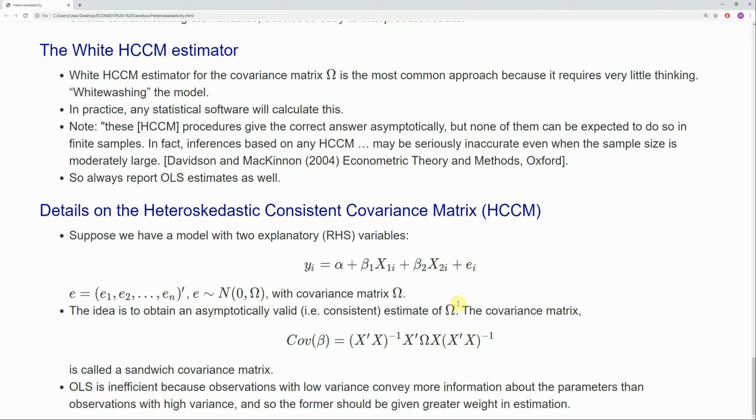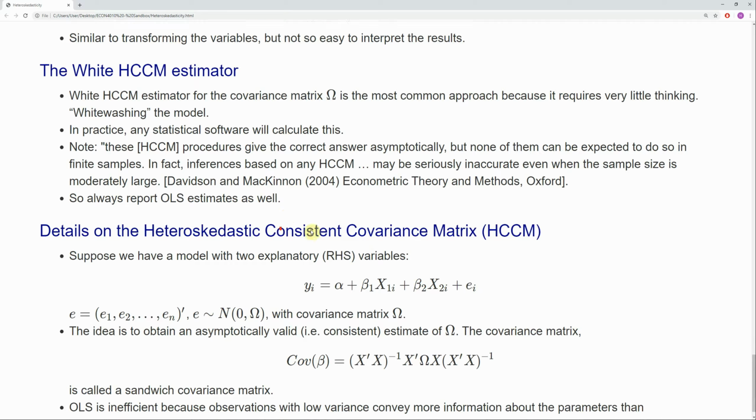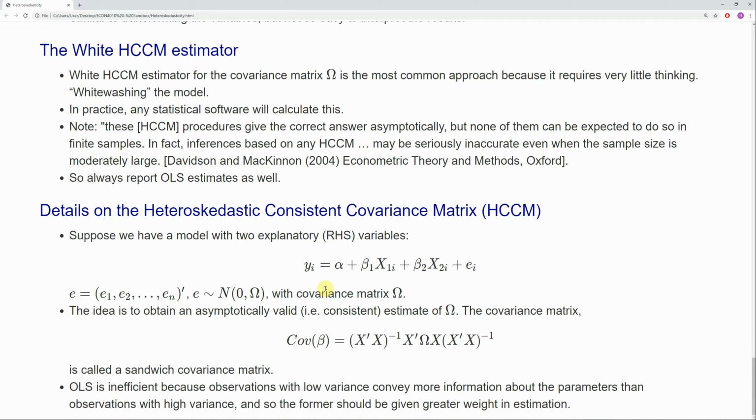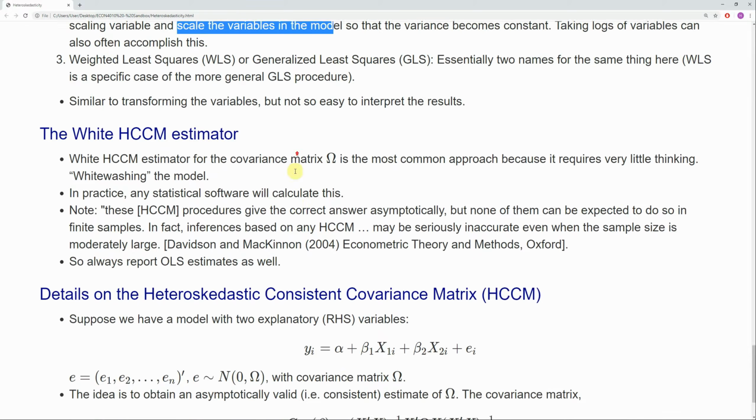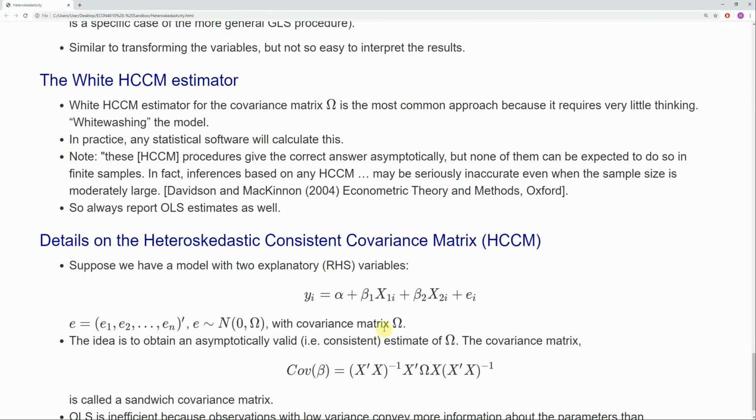And based on those new robust standard errors coming from this HCCM matrix, you can make your inference. But again, I'm saying the other solutions are better because you don't have to do any of these tricky things. You don't change your estimate at all. You're just changing the standard errors.